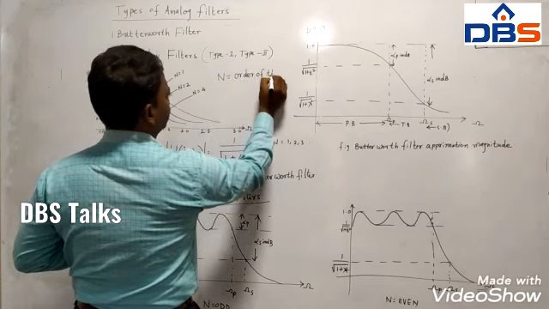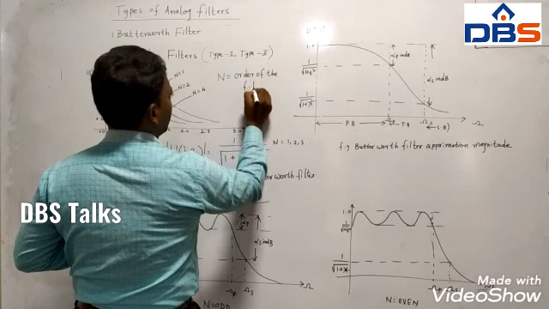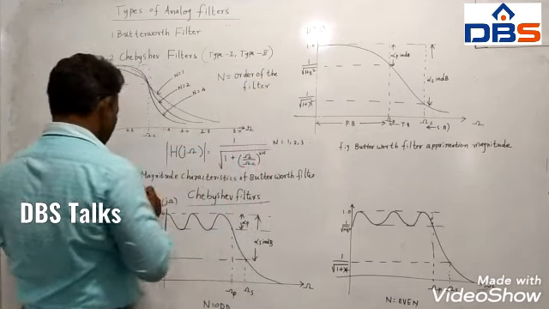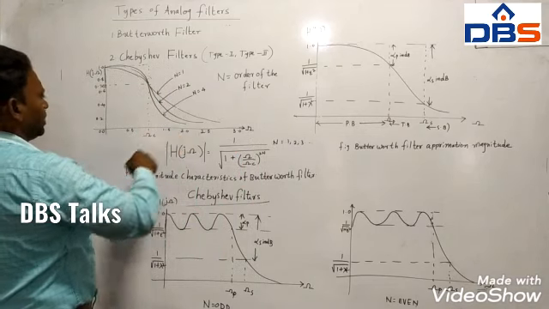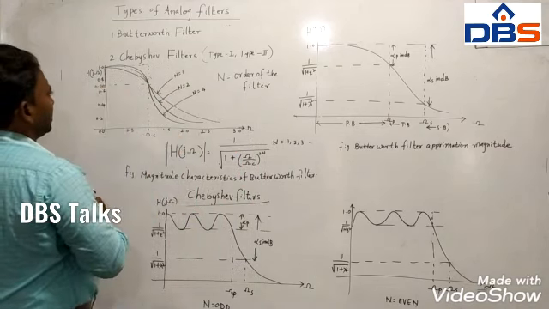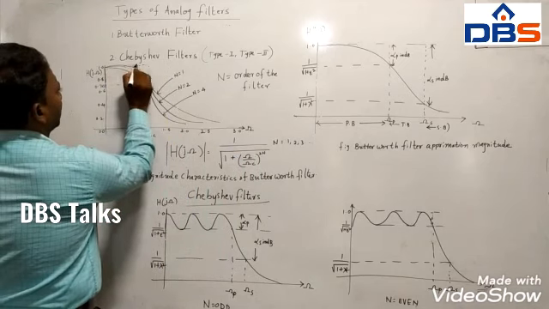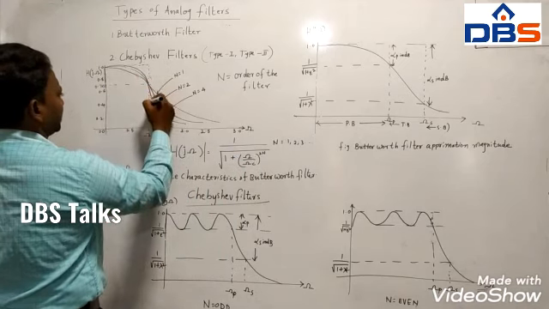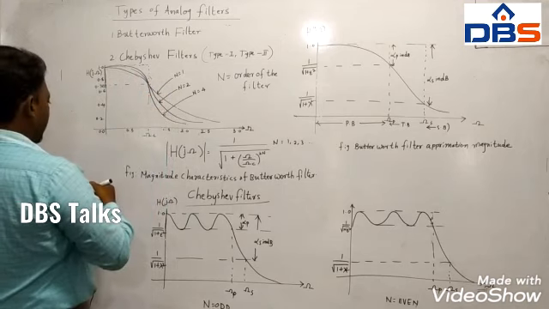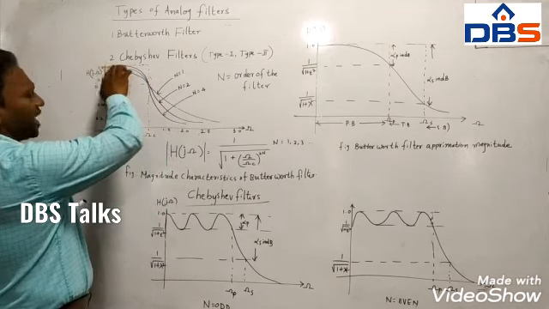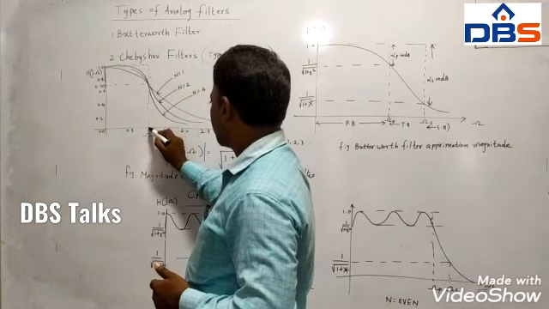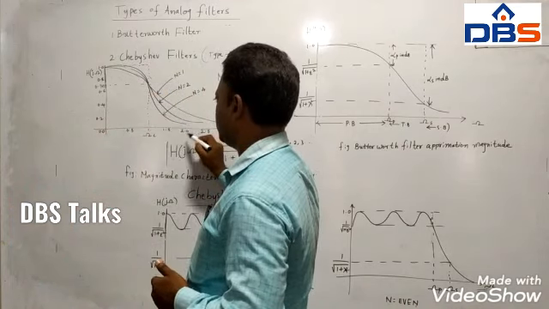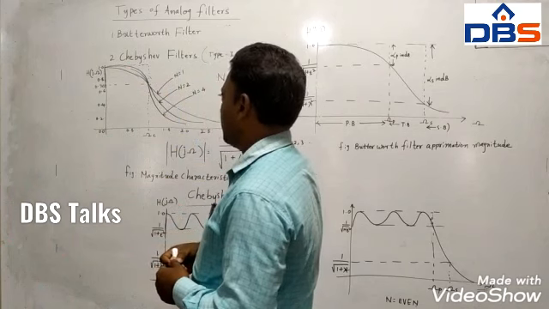Here in the Butterworth filter, the dotted line shows the ideal characteristics, which means the magnitude response is maximum in the pass band, that is 1, and the magnitude response is 0 in the stop band.